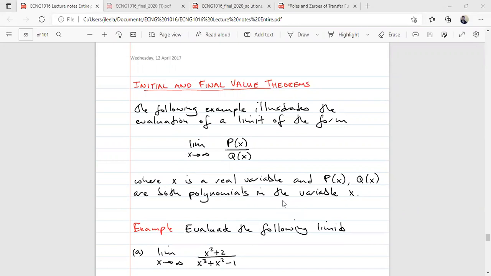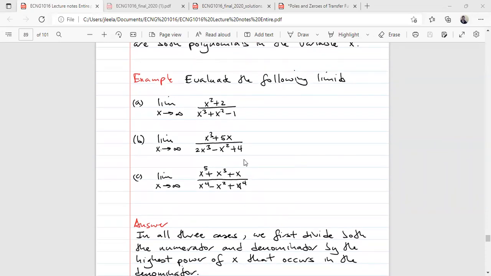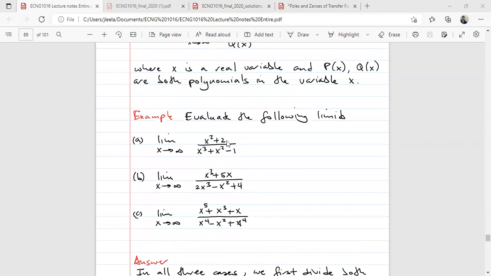The following example illustrates the evaluation of a limit of the form p(x) over q(x), limit as x approaches infinity, where x is a real variable and p(x), q(x) are both polynomials in the variable x. Right, so this is fairly straightforward. Evaluate the following limits. So you have a polynomial on top, a polynomial below, a quotient of polynomials, and you have a limit here approaching infinity.